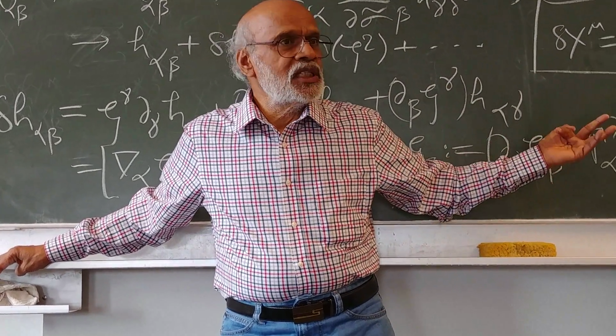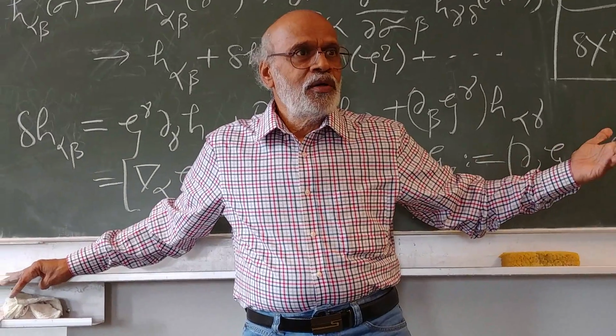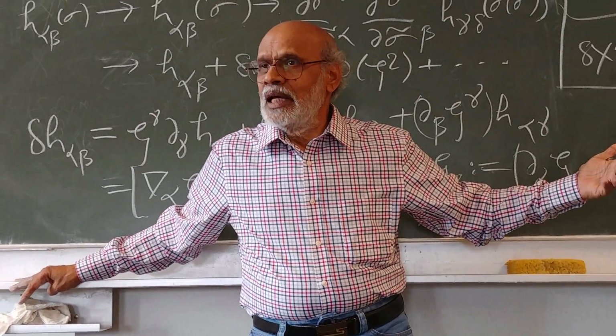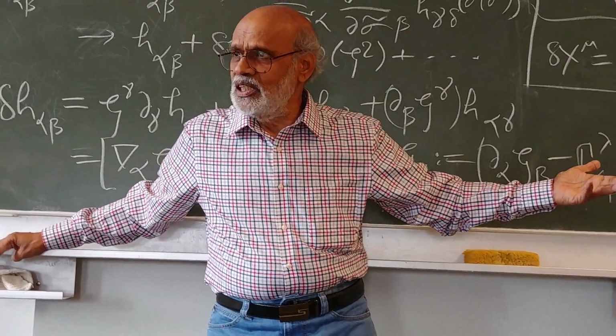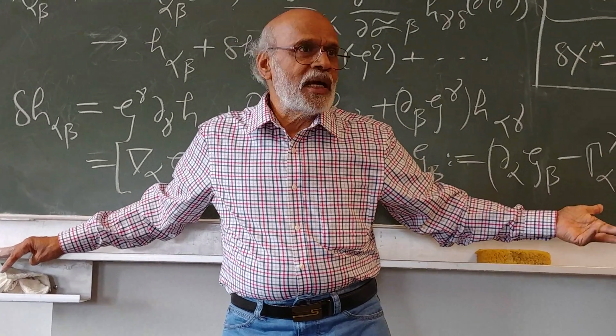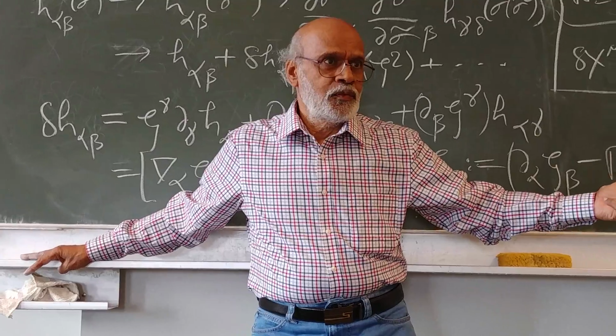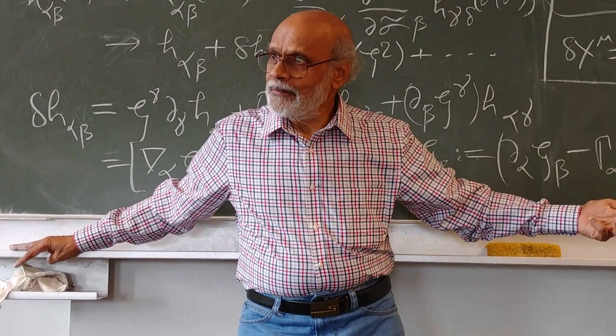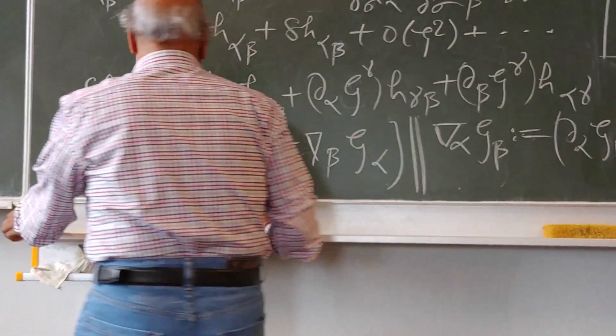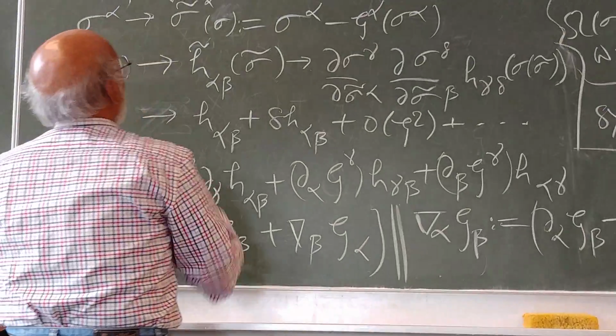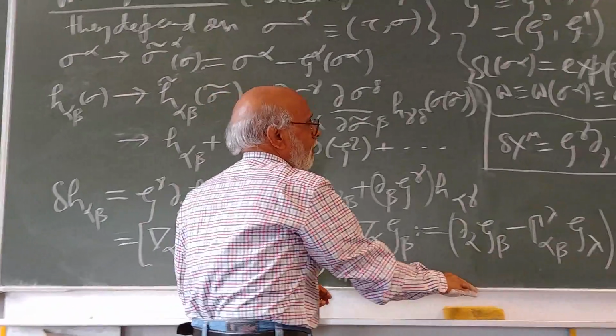Now we would consider one more symmetry of the worldsheet, which is called Weyl invariance or Weyl symmetry, which is the local conformal symmetry. Okay. All right. Good. So then I could remove this.